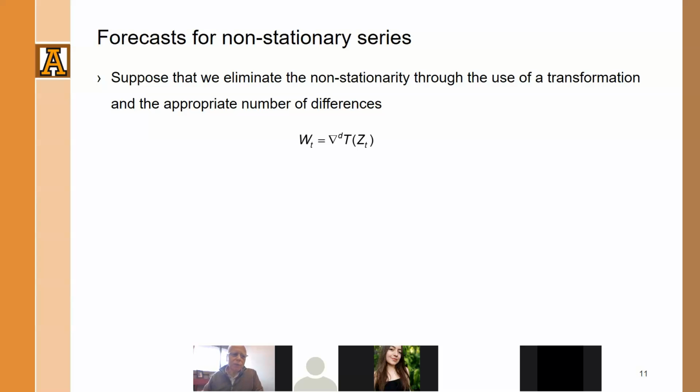We may have to do a transformation to make the variance constant, for example a Box-Cox transformation from that family, and then take the differences that we need so that the series is stationary. So that's the type of non-stationarity we'll be dealing with: the one that we can eliminate by doing a transformation and taking differences.